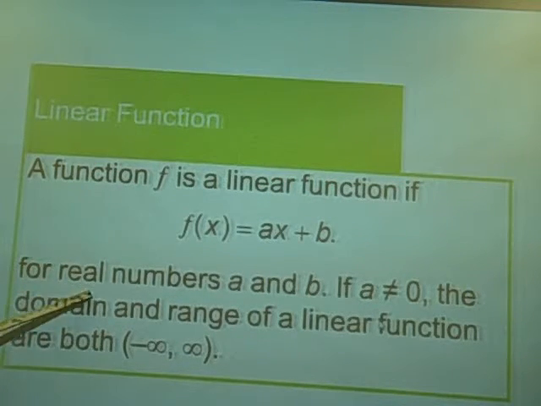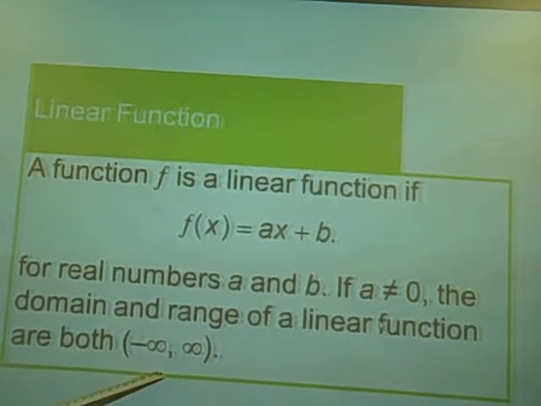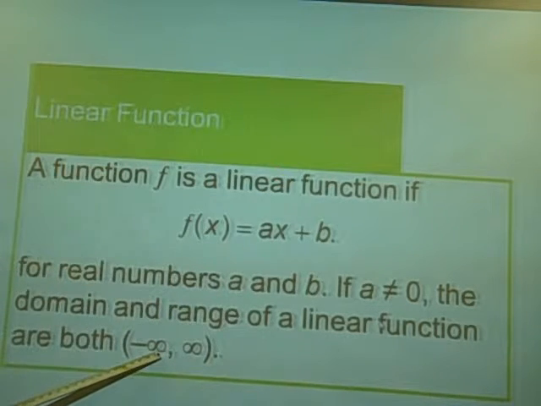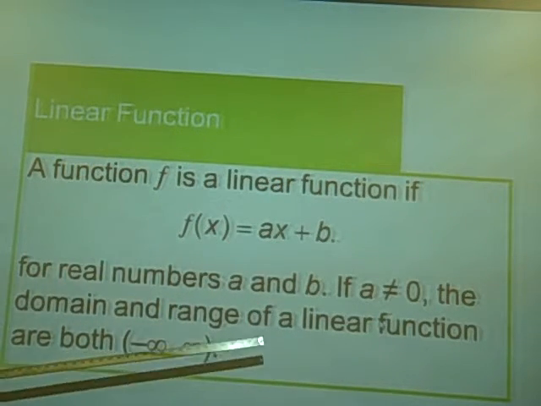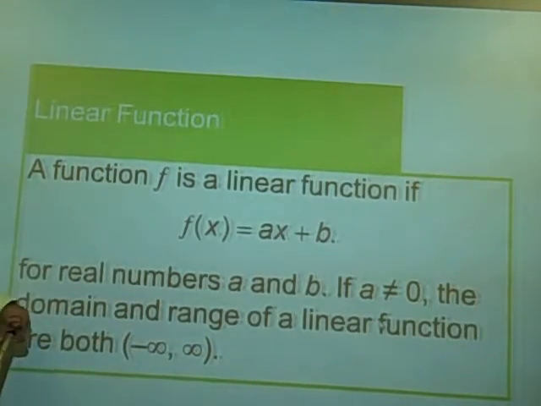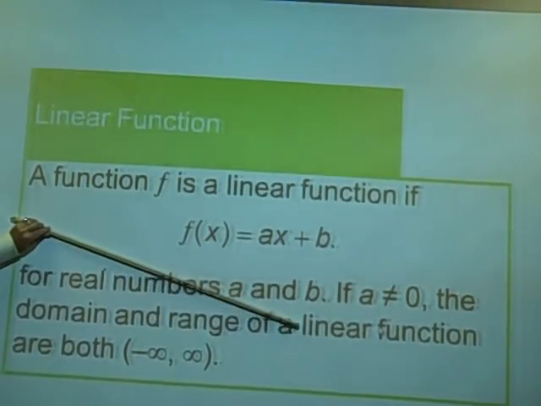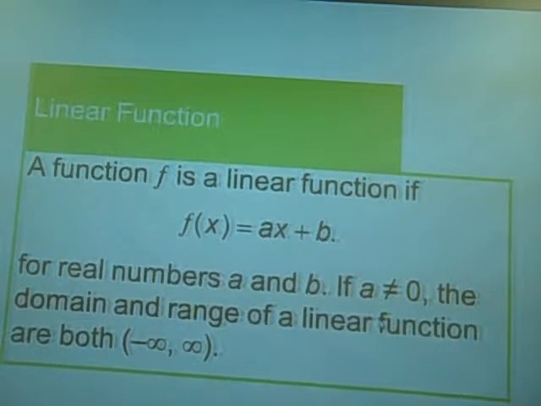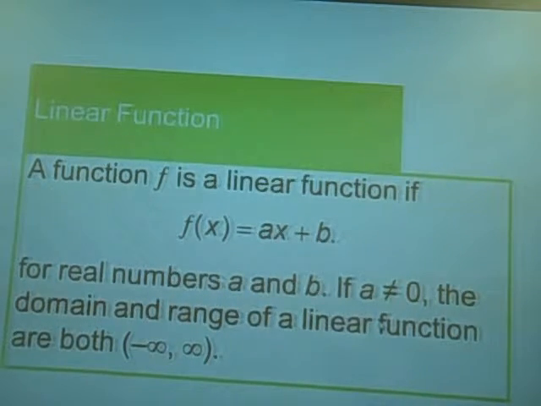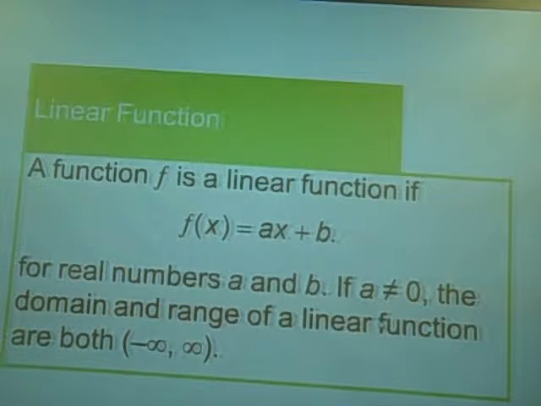In any linear equation you're going to have a domain where the line goes from negative infinity to infinity. In other words, if you have a line on a graph like this, the line's going to go on forever to infinity. And so basically our domain would be what we would call all real numbers.